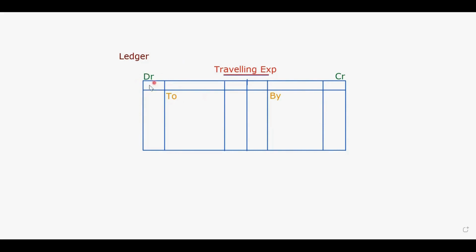Because we are representing traveling on the debit side, the opposite account should be recorded on that side. If it is like cash account debit to traveling expenses, then here 'By' will be used. So we need to remove the 'By' and write cash account debit to traveling to credits like this.